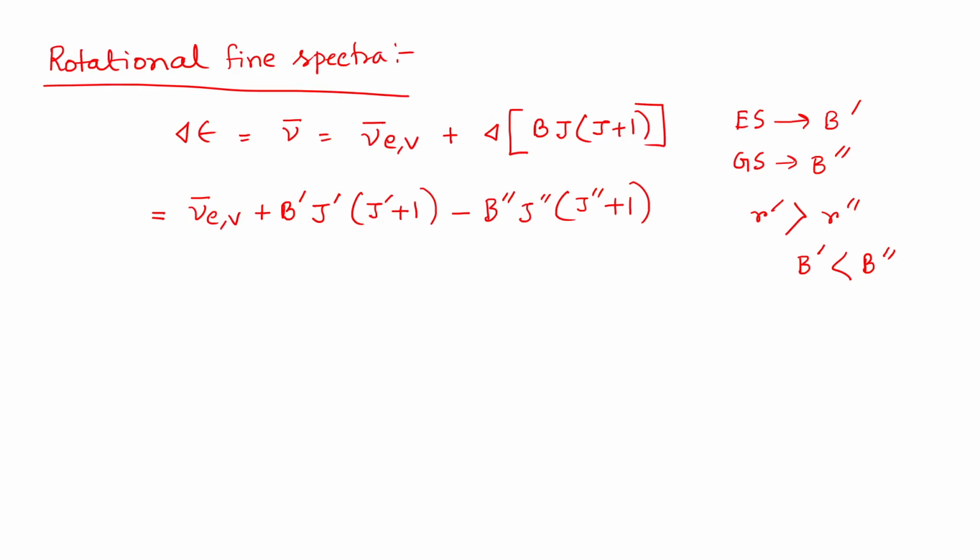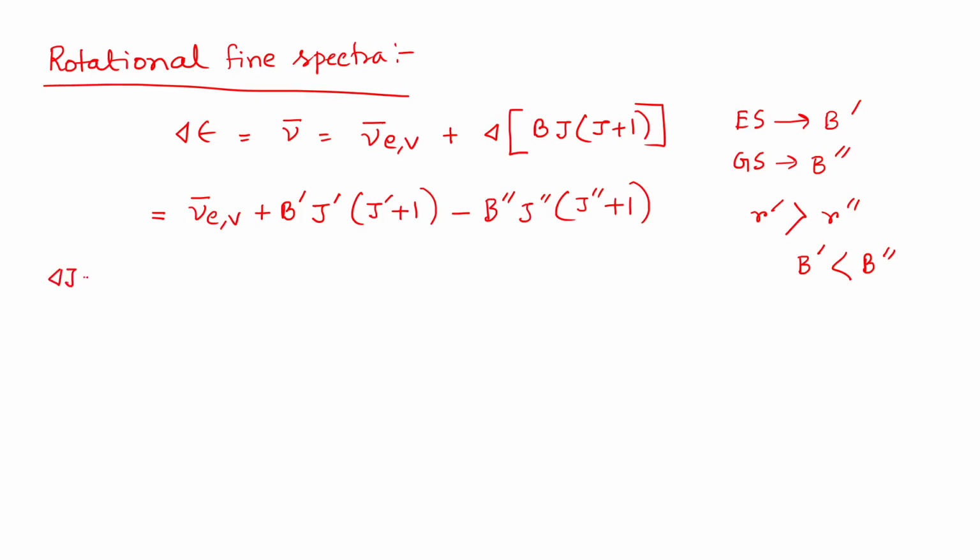Delta J could be 0, delta J could be plus minus 1, for any transition, apart from only one, that J dash and J double dash cannot both be 0. So for J dash and J double dash other than 0, delta J can be 0 and plus minus 1, and delta J will only be plus minus 1 for singlet sigma to singlet sigma.